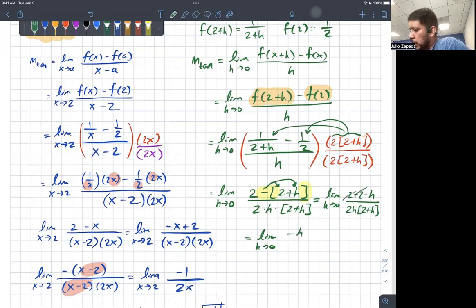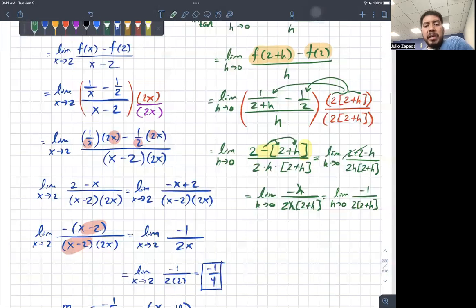And so we get negative h, or the opposite of h, over 2 times h times 2 plus h. These h's can cancel as well. So I'll cancel them. And we have the limit as h approaches 0 of negative 1 over 2 times 2 plus h.